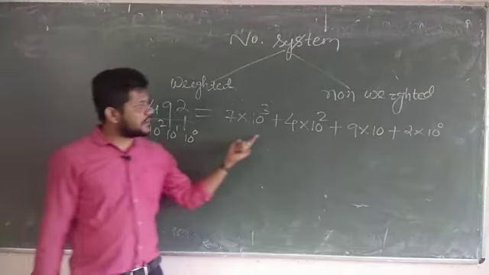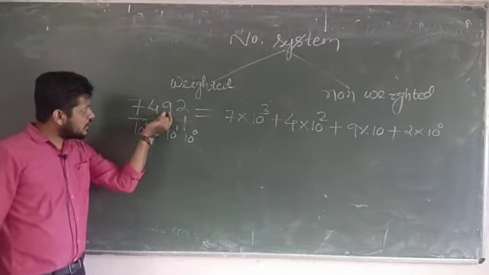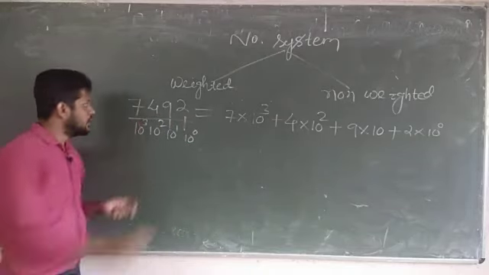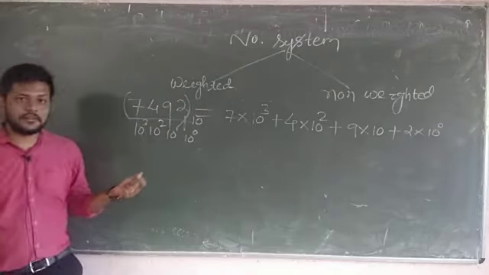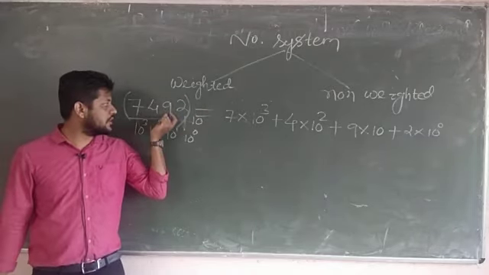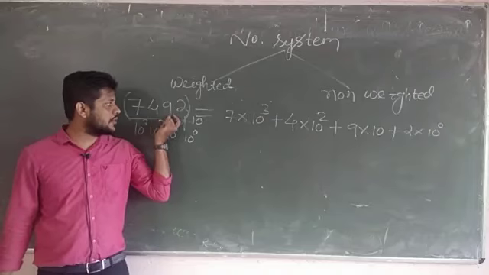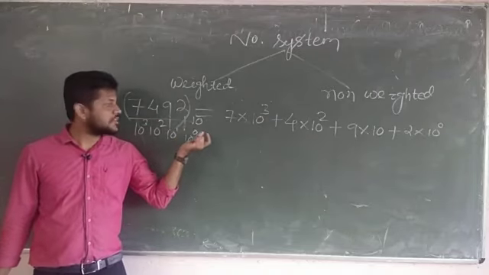I represent that in terms of weight. Each position is associated with a weight. Since this number is decimal, how can I say this is a decimal number? Because here the base is 10. Obviously the digit 9 comes under either decimal or hexadecimal.